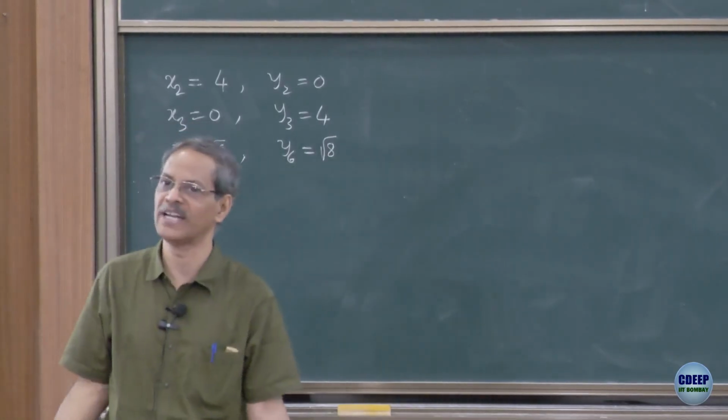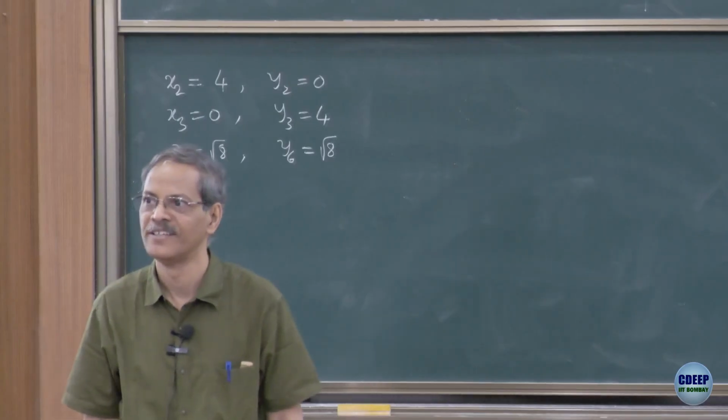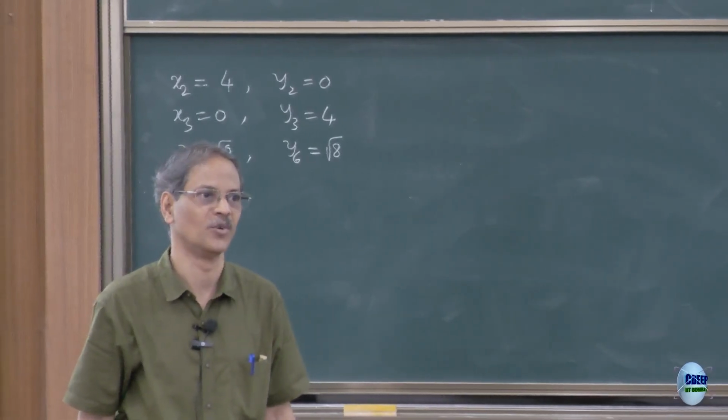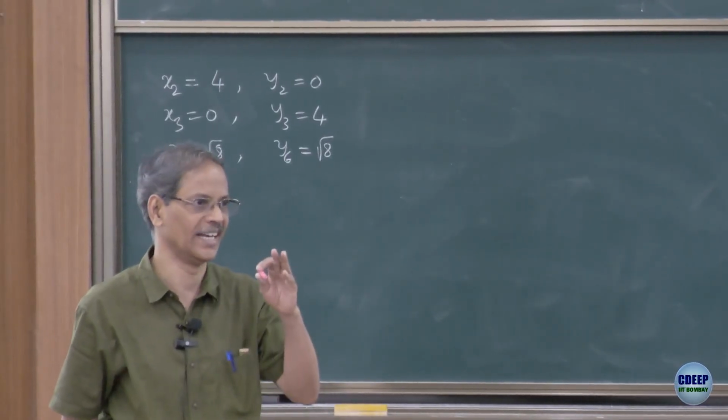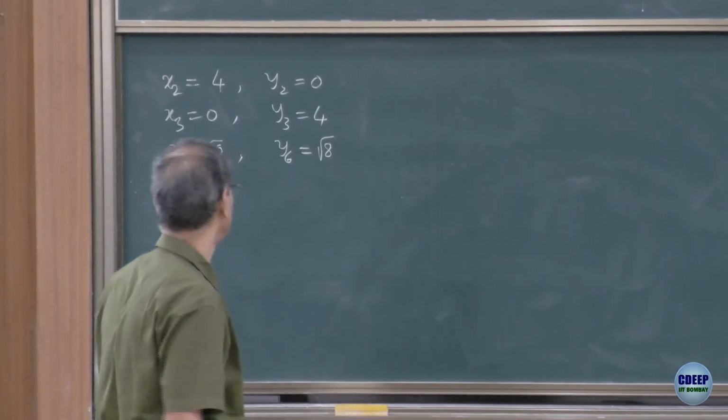X squared plus y squared has to be equal to r squared. That's the equation of the line. So root 8, root 8. That would be a 45-degree line actually. Fine, no problem.